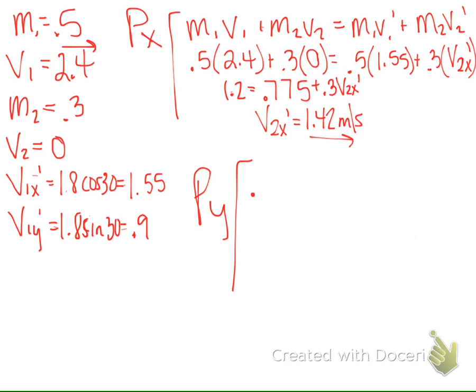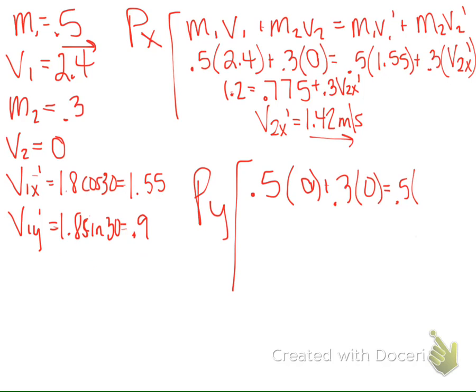So the mass of our first object does not change. Do we have any velocity initially for the first object in the y direction? No. Okay, so it's 0. We know our second object's at rest initially, so that's also going to be 0. Post-collision, our v sub 1 y prime we solved for, and we know it's what? 0.9.